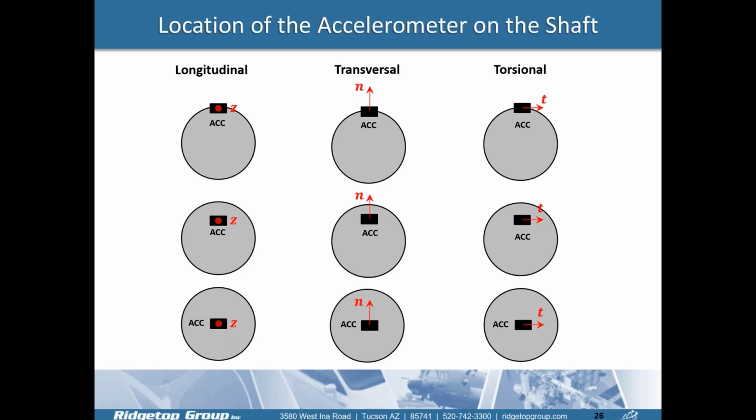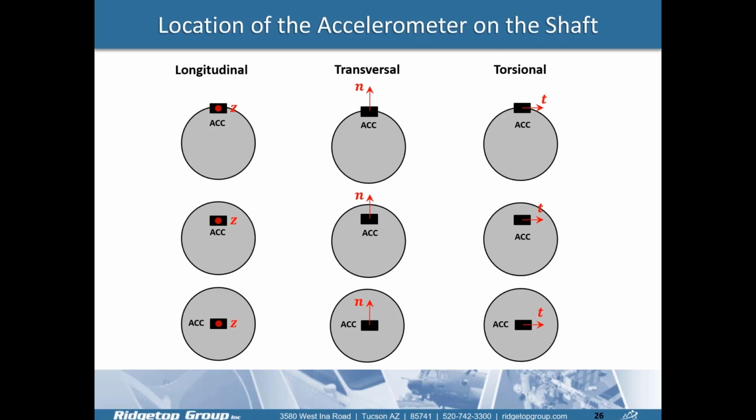But anyway, I'm doing this just to compare and make sure that everything is correct. The middle column is for the transversal vibration, where we are placing the accelerometer at different locations. As I talked about, at the center there is no deformation, so we don't expect to get anything good at the center of the shaft.